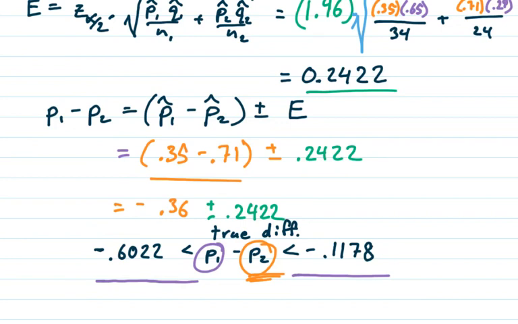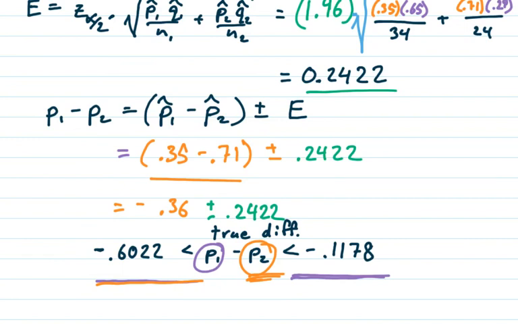They have a higher proportion that have this lowish vaccination rate. Yeah, that's what I want to say. And that difference is anywhere between negative 60% and negative 12-ish percent.